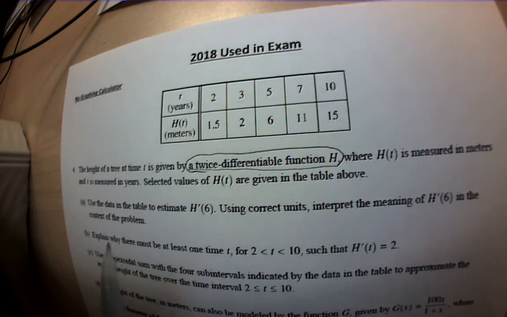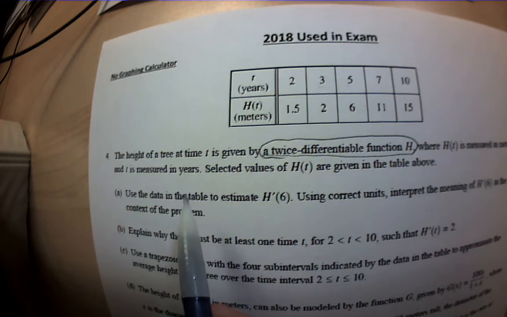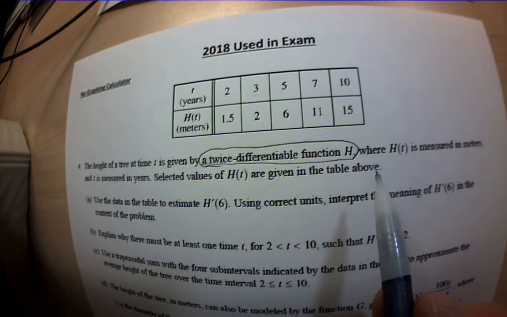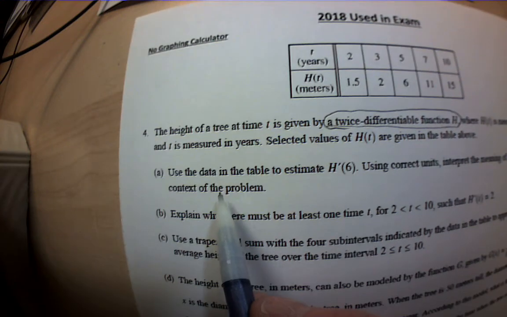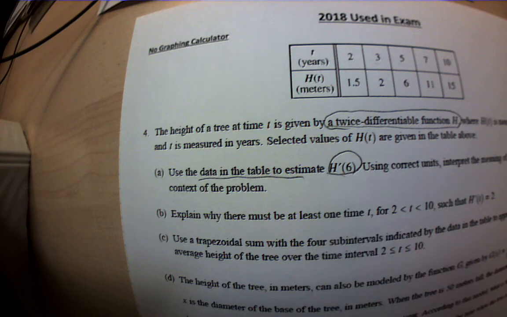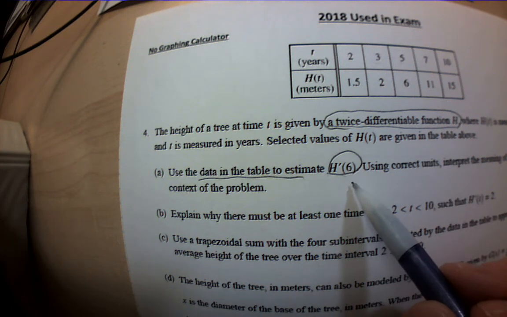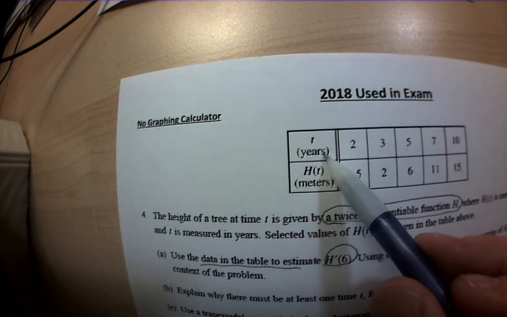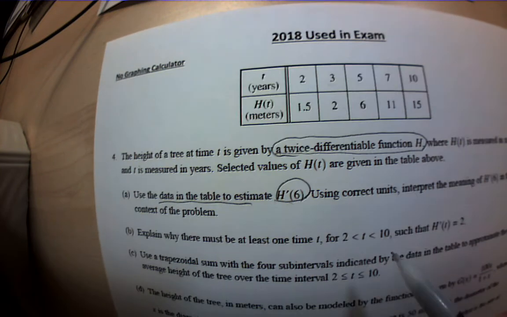Okay. So h is measured in meters, t is in years. Selected values of h and t are given in the table, all right? So use the data in the table. Estimate h prime. H prime is the rate of change. It's a derivative, okay? It's the change in h over t, and I got h and t in this table.